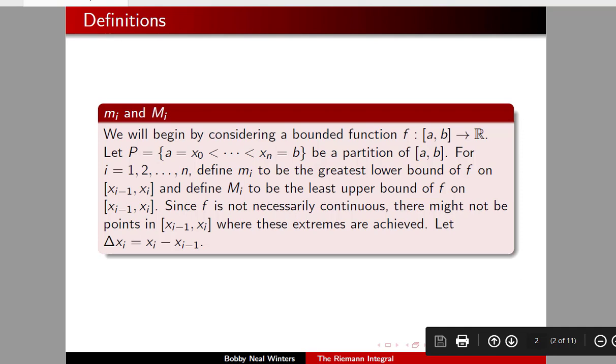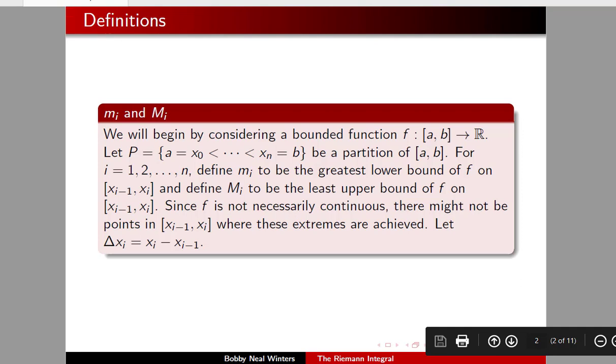We'll let little m_i be the greatest lower bound of f on the ith interval, that is, the interval from x_{i-1} to x_i, and define big M_i to be the least upper bound of f on that same interval. So little m is morally the smallest value, big M is morally the largest value.